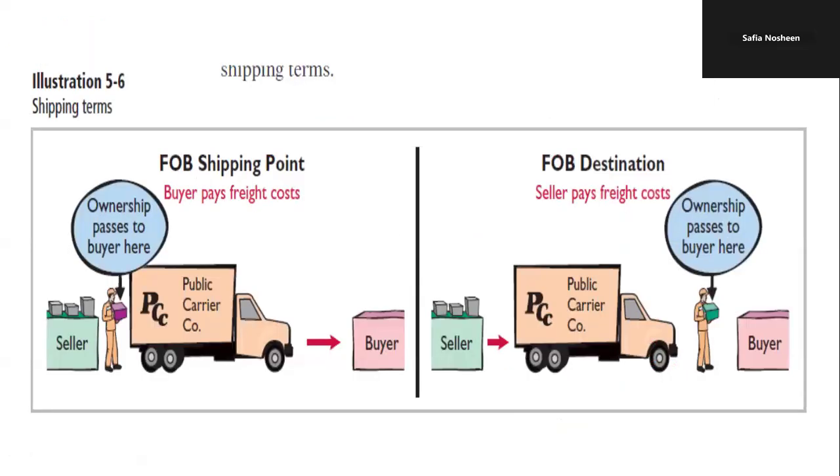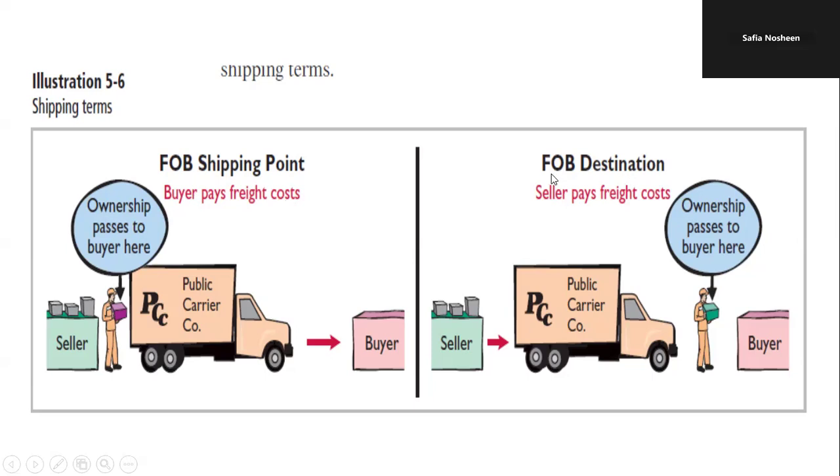For the recording process, there are some extra terminologies we must know in merchandising businesses: FOB shipping point and FOB destination. These determine who will pay the transportation charges. If the term used is FOB shipping point, the buyer will pay the freight charges or freight cost.